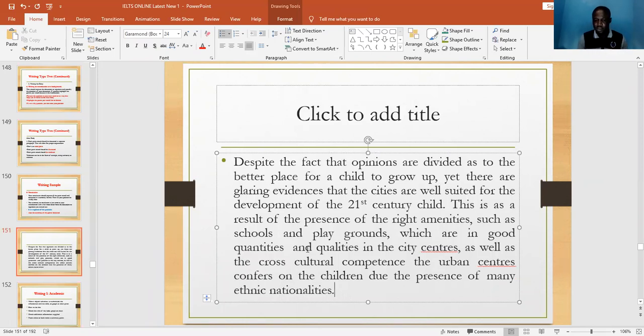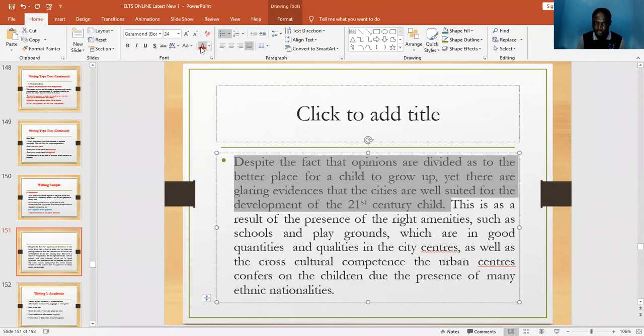Okay, that makes me very relaxed now. Due to the presence of many ethnic nationalities. Okay, so that is the way to capture a conclusion. Number one, capture the question.